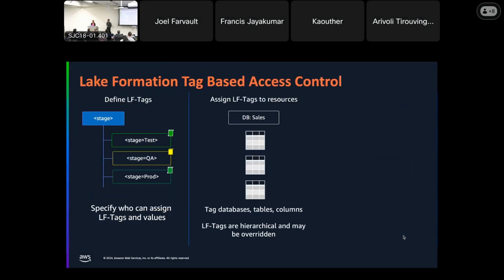And tag-based access control is, again, one of the popular tools that AWS offers, which is really useful if you have complex data pipelines constantly bringing in new data sources, and you don't want to be going back to the data admin to constantly give access to every single file or every single table that is ingested.